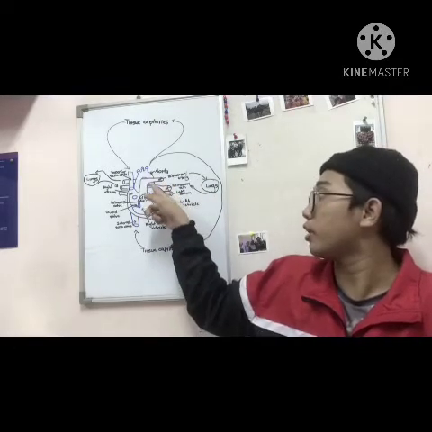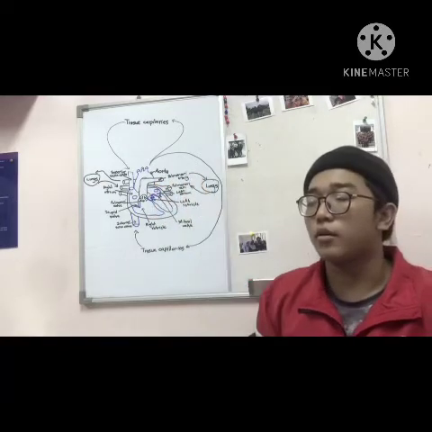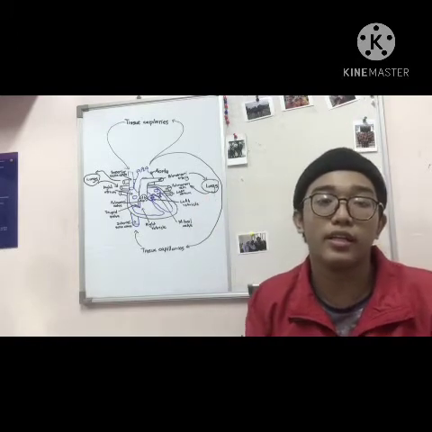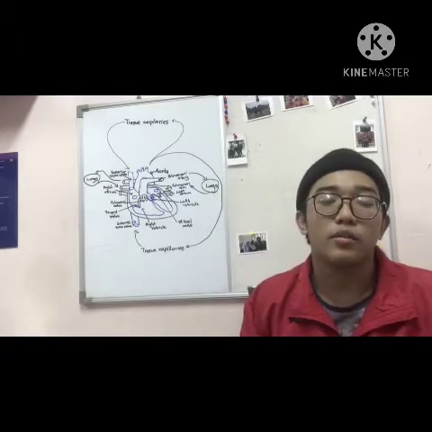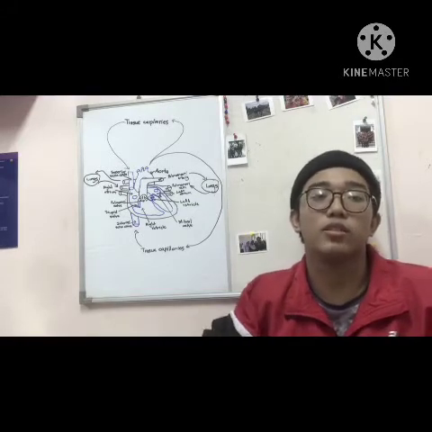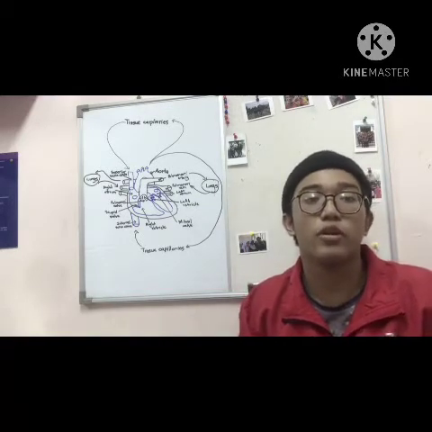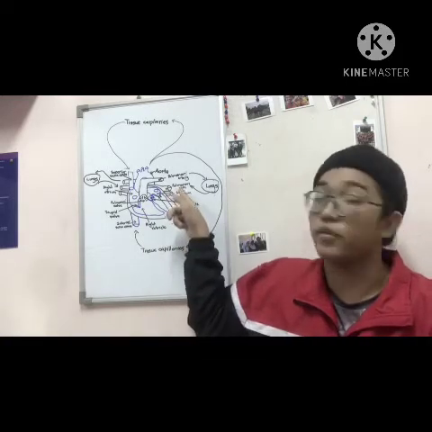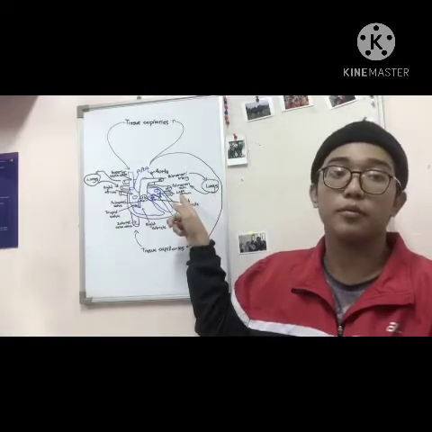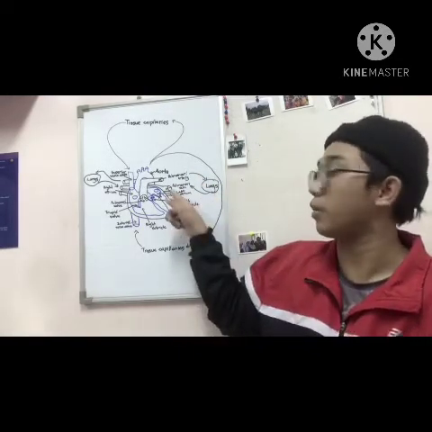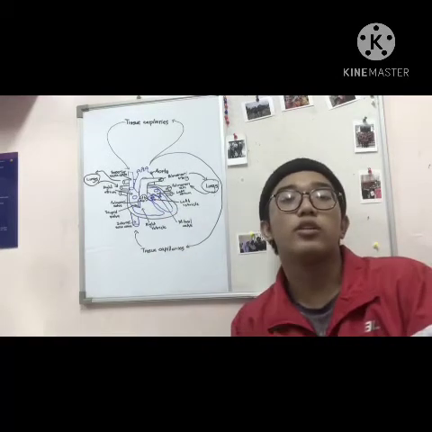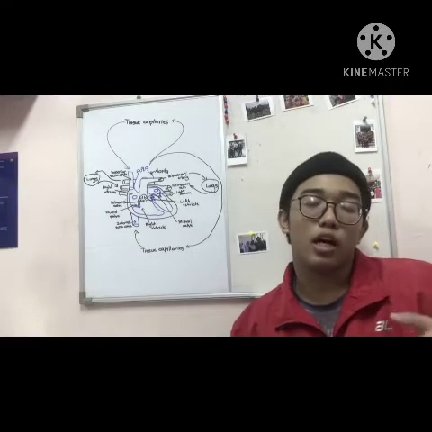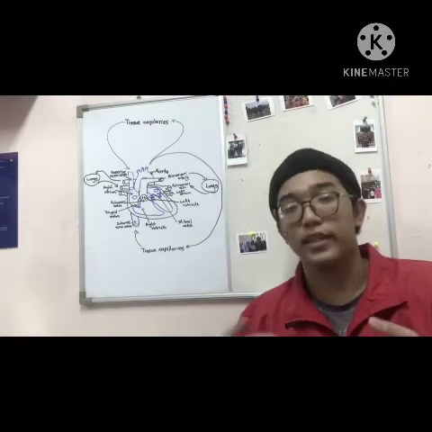So the pulmonary artery will carry the blood that doesn't have oxygen to the lungs, and at the lungs, the blood will be supplied with oxygen and the carbon dioxide will be removed. So the oxygenated blood will be carried back to the heart, to the pulmonary vein. So that's how the oxygen will be supplied to our body. If the cardiovascular system is doing well, our body will receive the oxygen as what it needs.